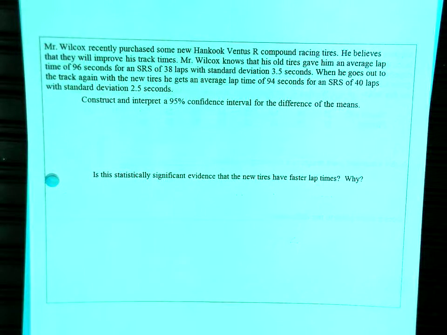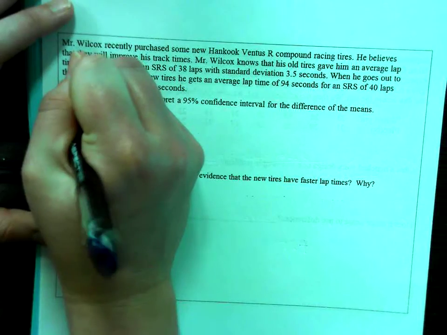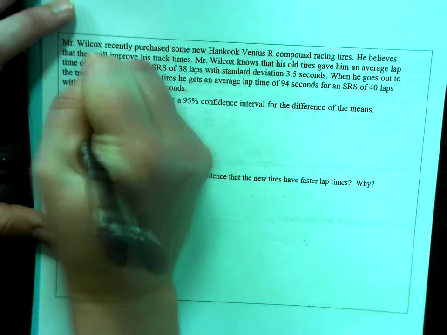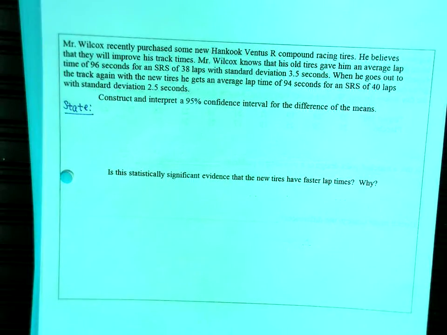How about we skip state and plan, and just do it? Here, we'll just kind of abbreviate. State, what should you state in your state part? The first sentence of what you want to estimate.